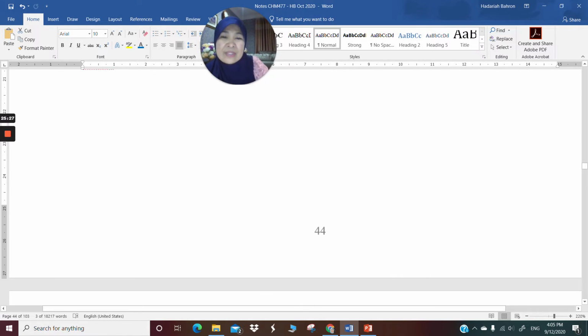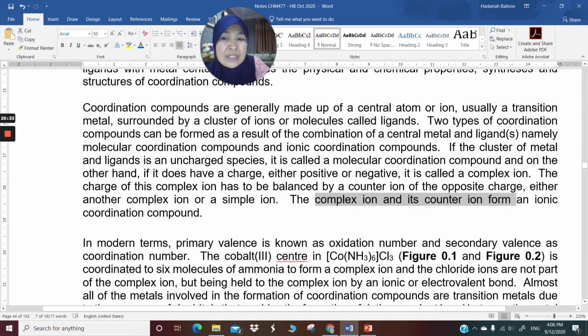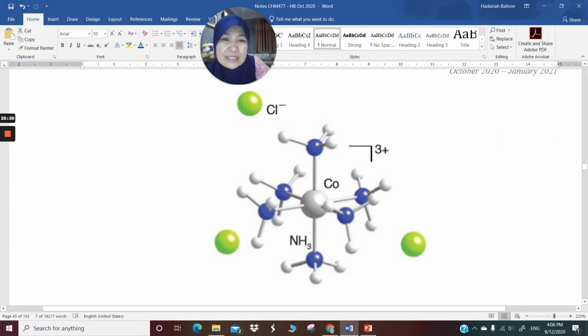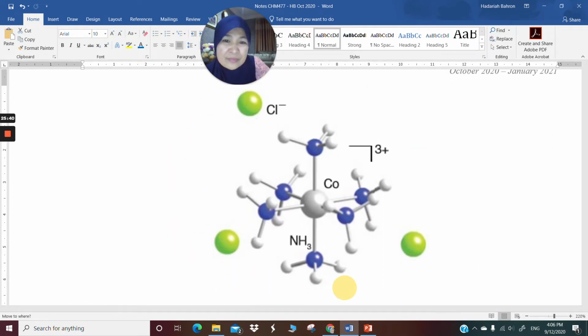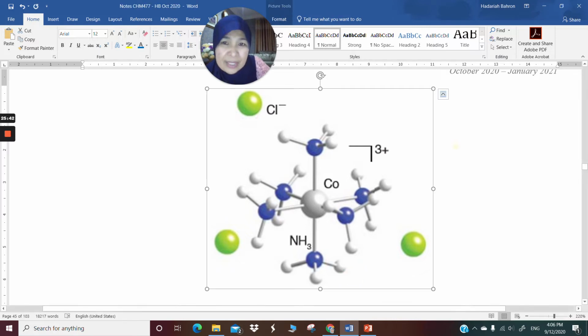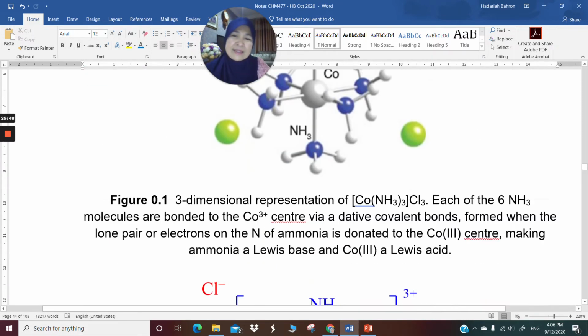So this combination of complex ion and its counter ion forms an ionic coordination compound. You can also have a molecular coordination compound, but that's going to be discussed later.